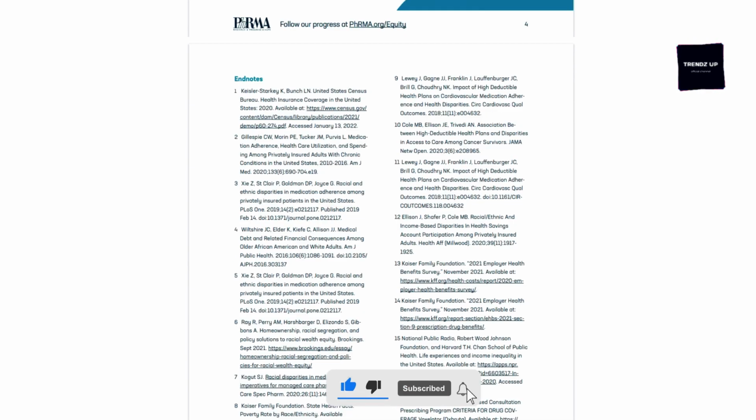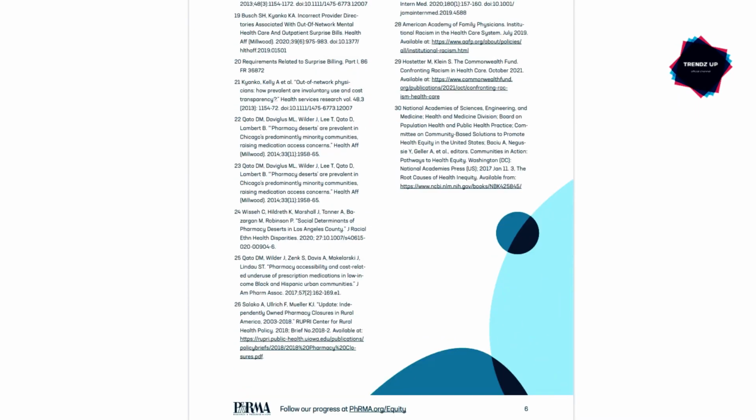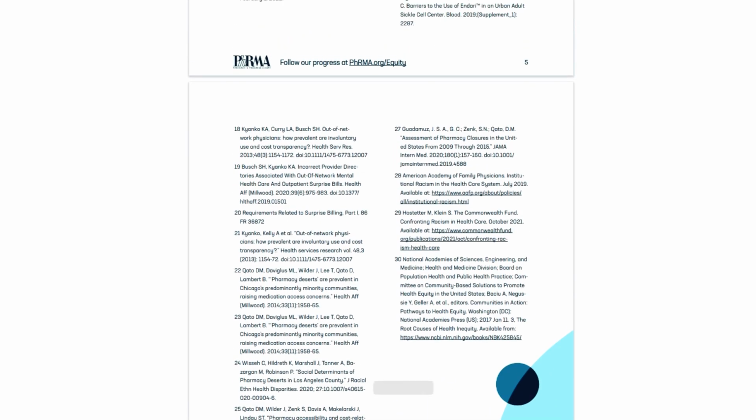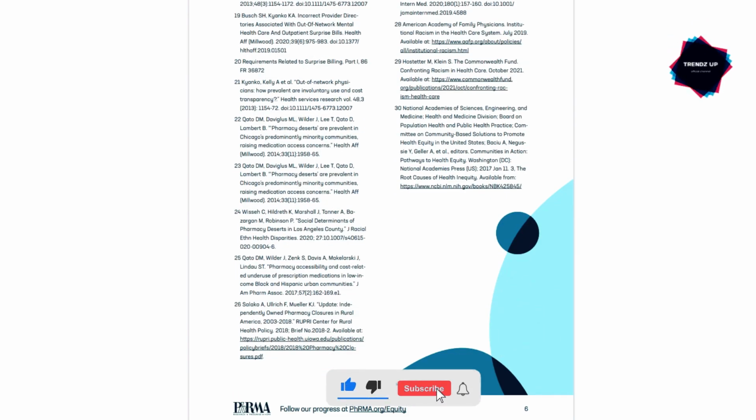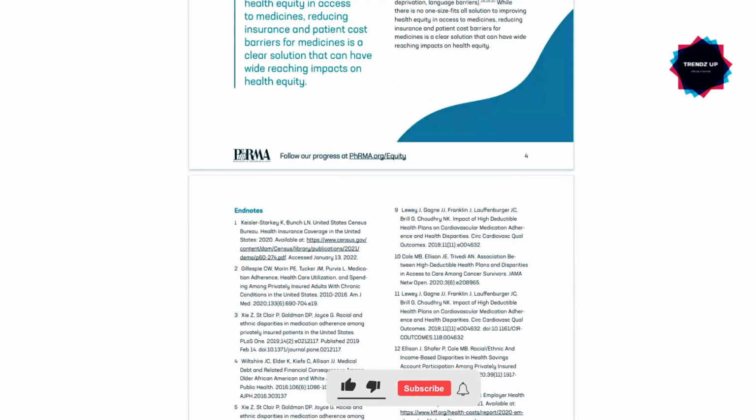And there is another page, like page number 5, including the references, and the Pharma medical insurance company like Barrier Insurance, and the rural America 2003 to 2008, and the review of the health policy 2008.